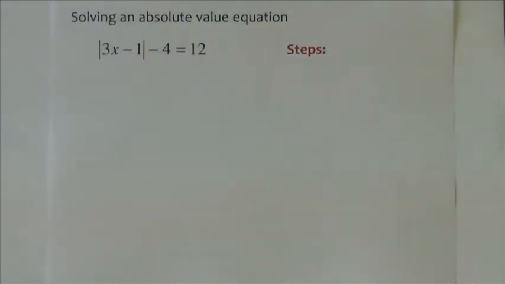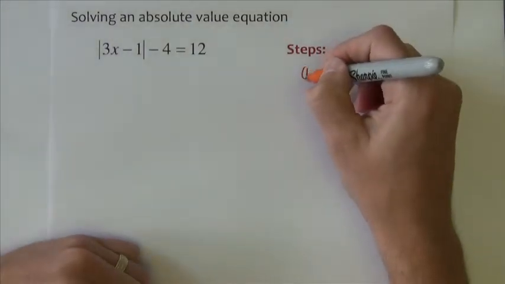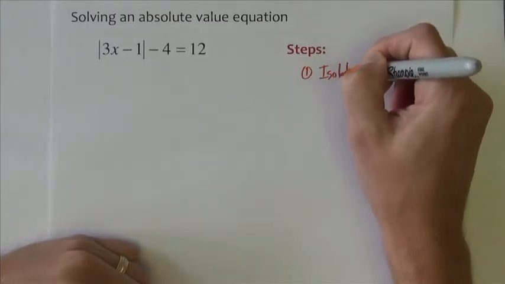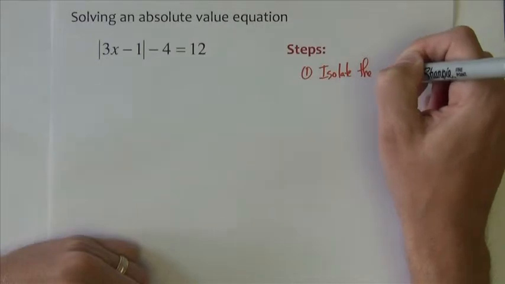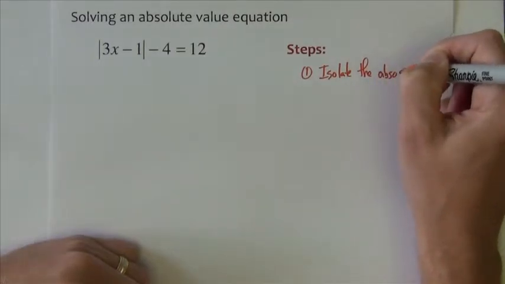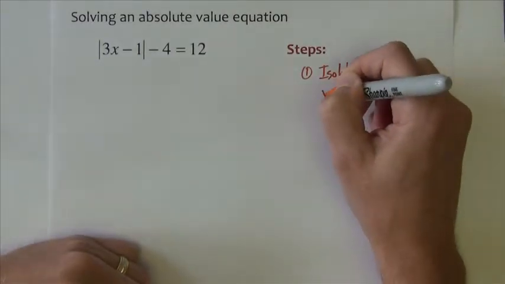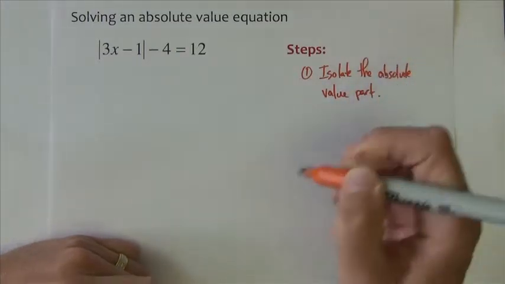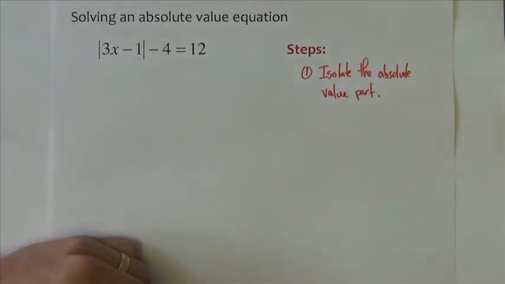Let's next do a couple of examples of solving absolute value equations. The first thing that we're going to do when solving an absolute value equation is isolate the absolute value. I'll say the absolute value part. In other words, get the absolute value all by itself.